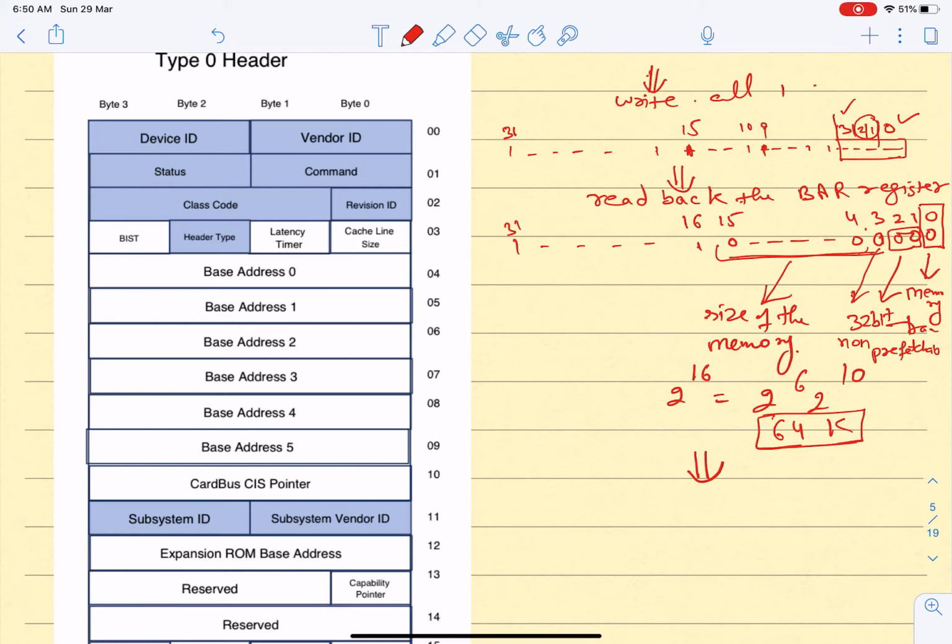So now it will map it to system memory. And let us suppose that now the host writes this value. Now it knows that all will be zeros. Bit 31, let us suppose that it is 0, and let us suppose that this is the 24th bit, here it writes one.